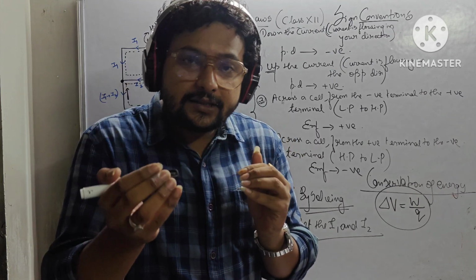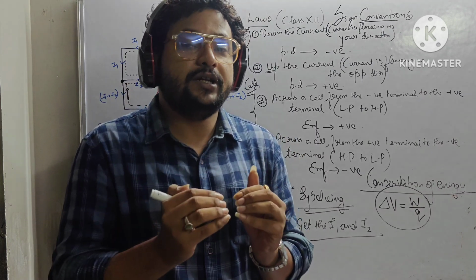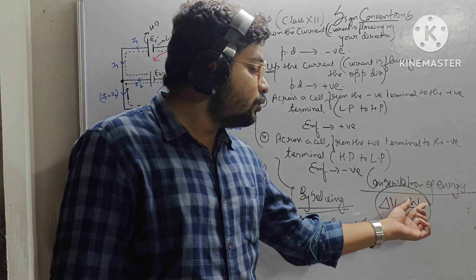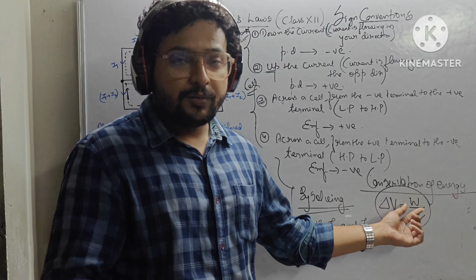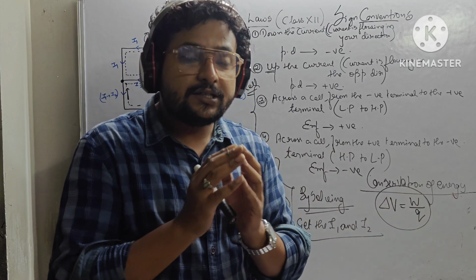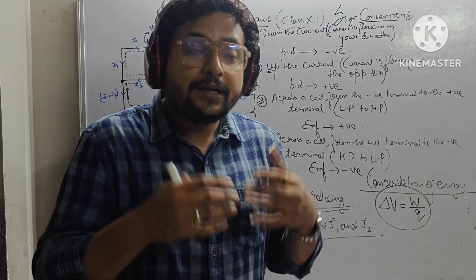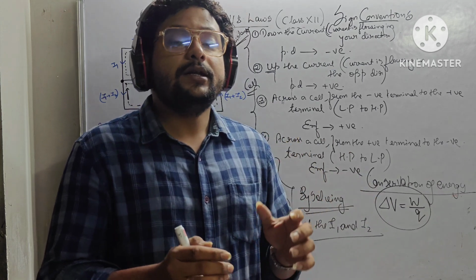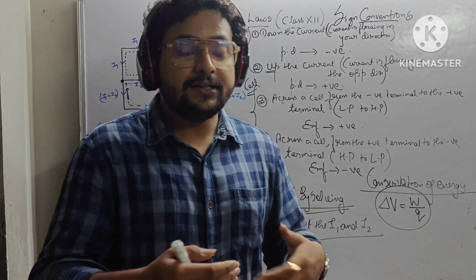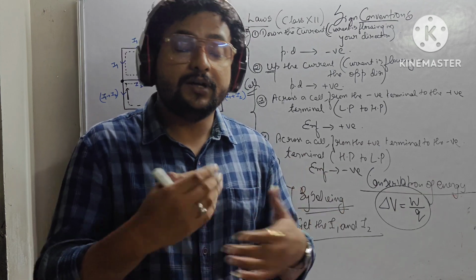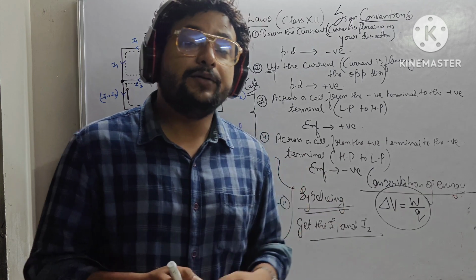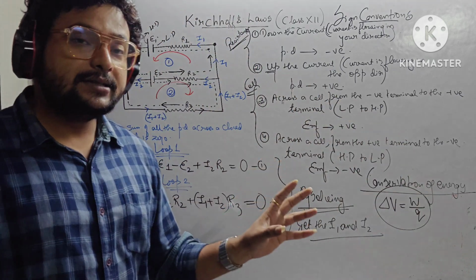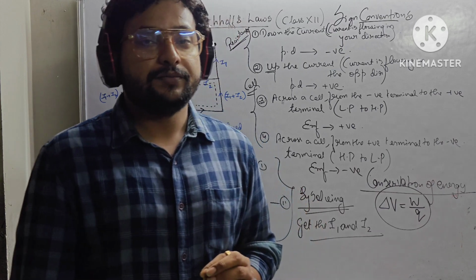Whatever the gain in energy, it must equal the loss in energy. Potential difference is work done per unit charge, and work done is energy. So whatever energy the charge gains, that much energy it has to lose also. If that is not true, a charge would continuously increase its energy again and again, and that would violate the law of conservation of energy. So this law basically tells us about the law of conservation of energy.